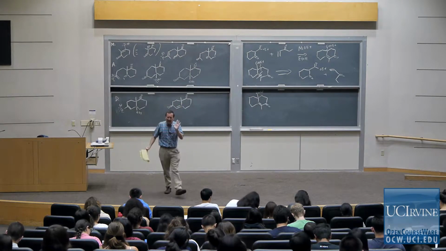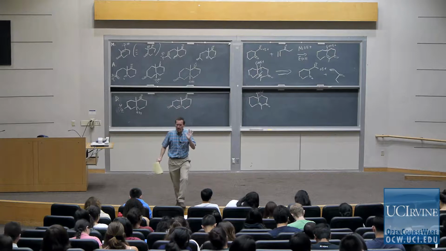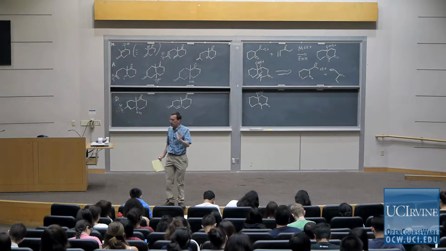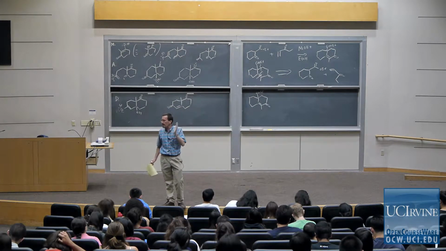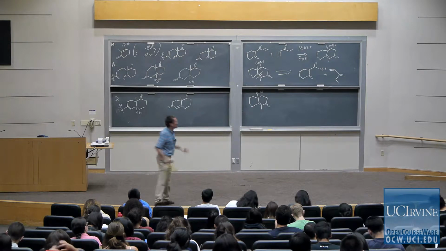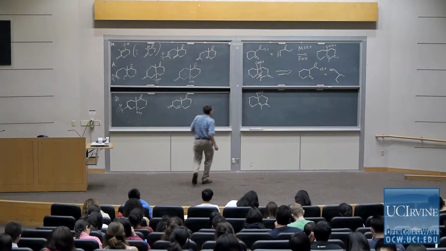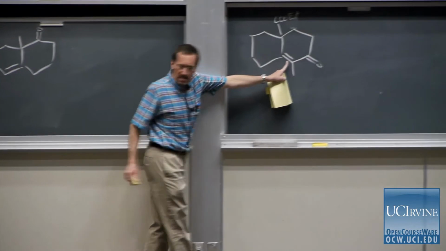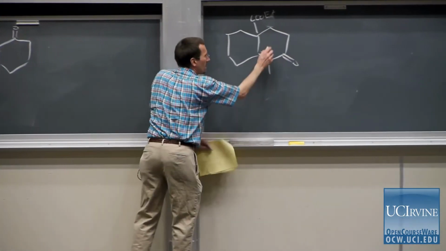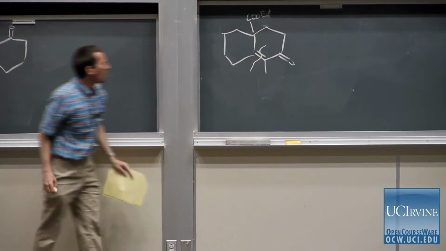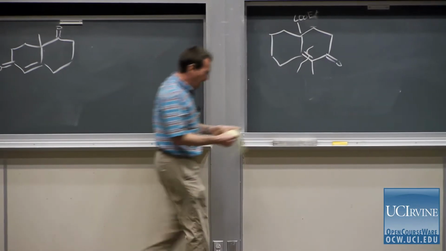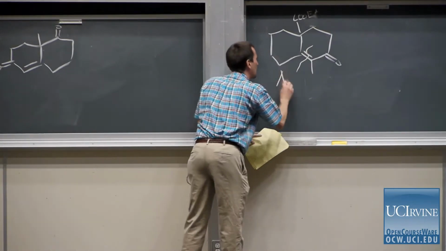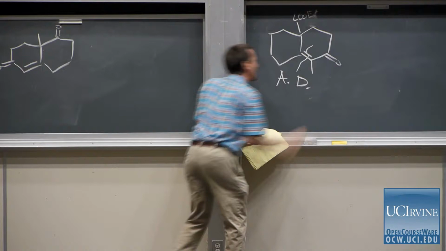We've seen that alpha beta unsaturated carbonyl compounds can come from an aldol reaction and a dehydration. So I can look at this enone, this alpha beta unsaturated ketone, and say this part of the chemistry has to come together. Remember, MAD reaction, right?